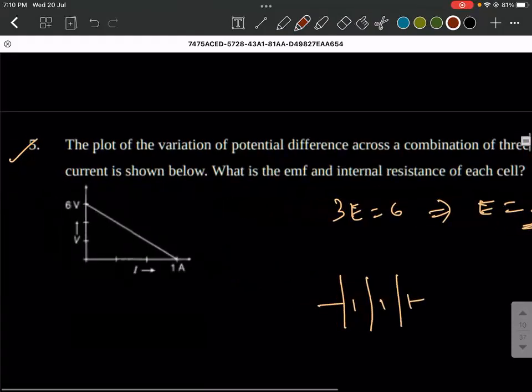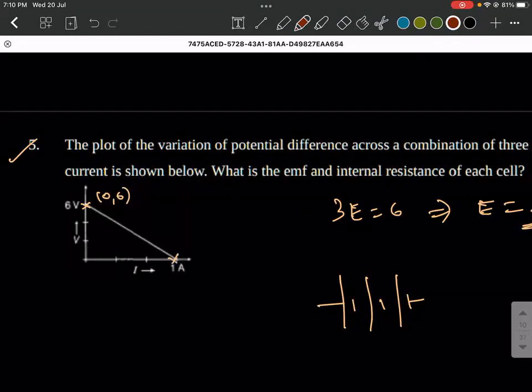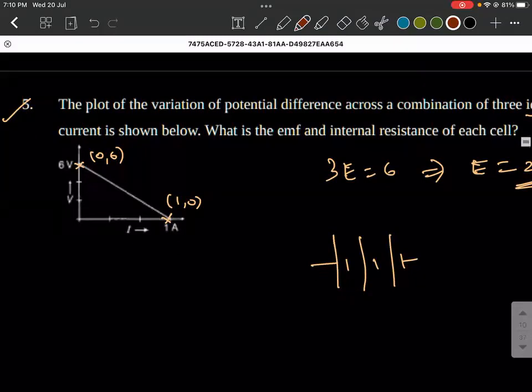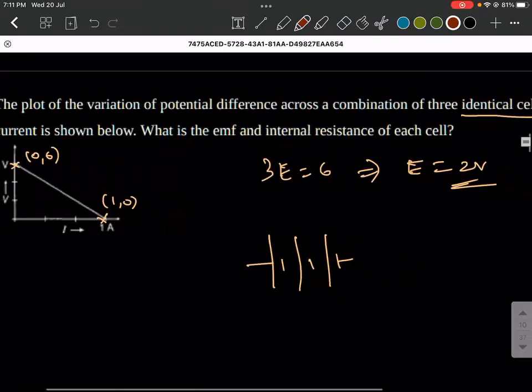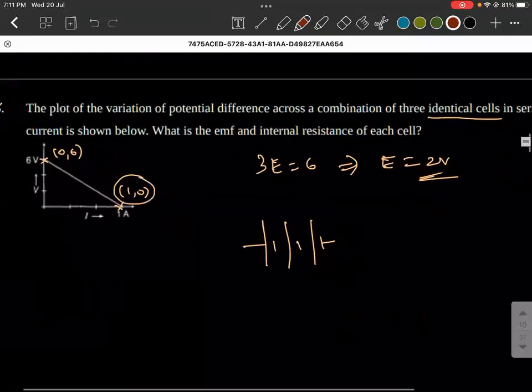If you look at this point, it is 0, 6. What is this point? It is 1, 0. Then the EMF is 2 volt, so how much current is flowing through them? 1 ampere of current is flowing there.